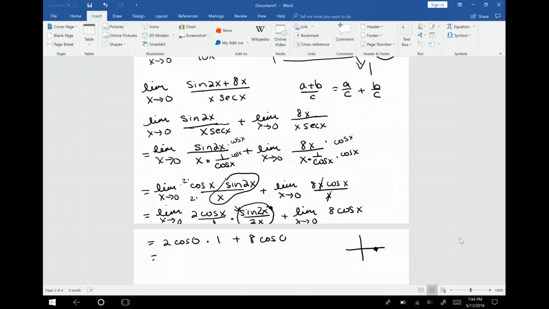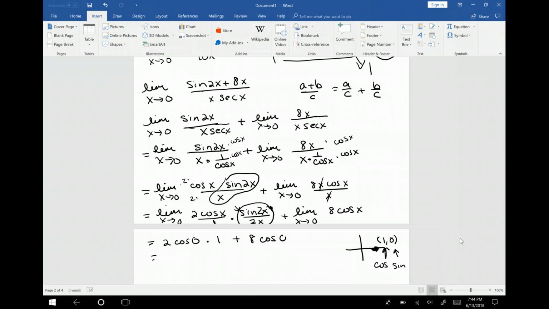The angle 0 would be right here on a unit circle. And that point is (1, 0). So remember that it's cosine and then sine. So the cosine is 1 and the sine is 0.